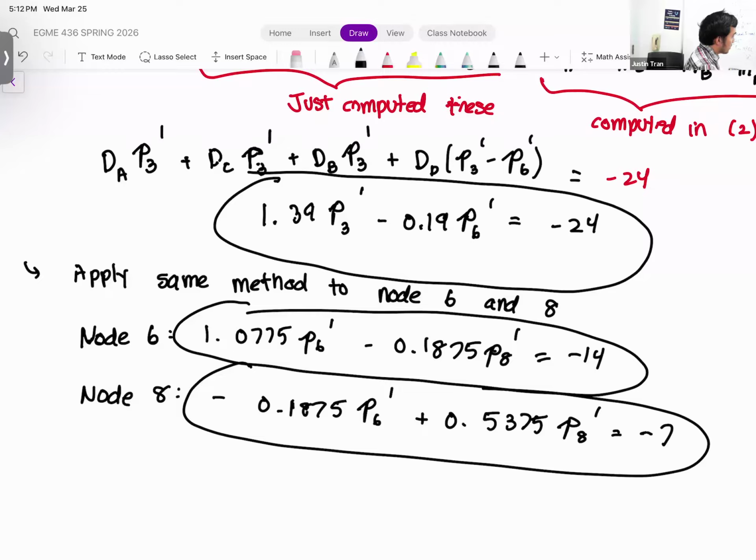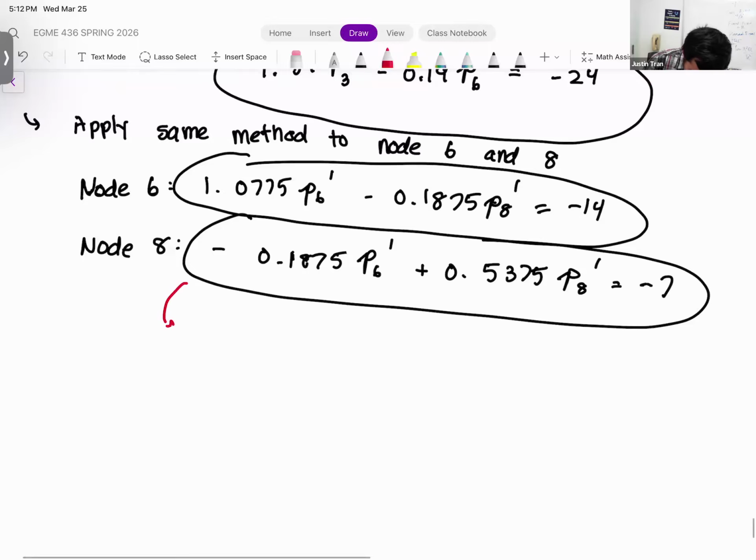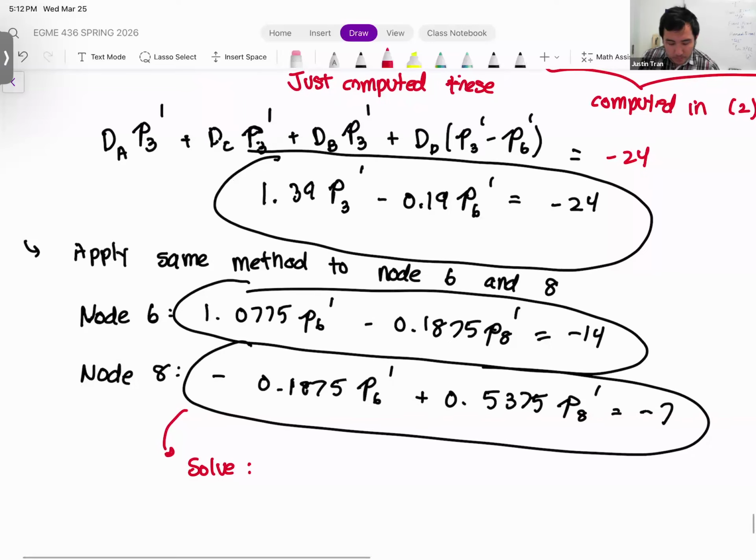All right, good. And so we solve these three equations, right? We can solve these three equations at the same time for P3, P6, and P8 prime. Okay. Right. So for a linear system of equations like this, if you are savvy with the linear algebra, you can solve this by hand.